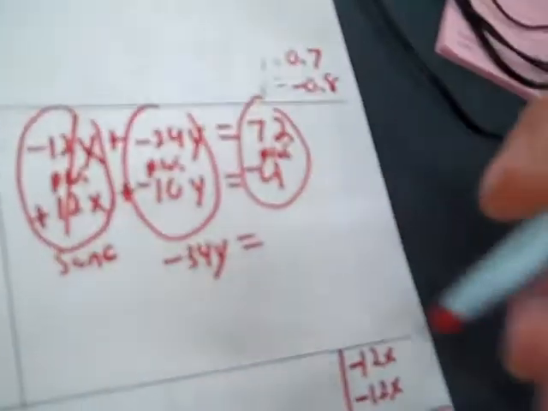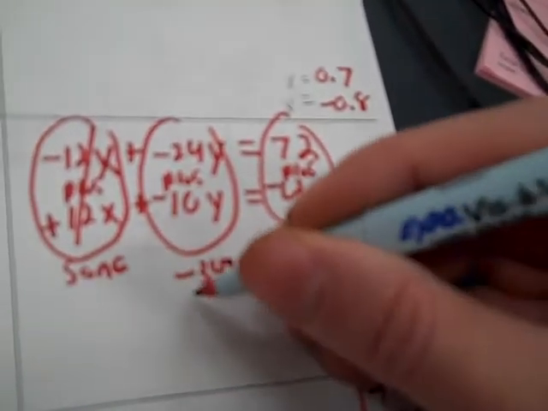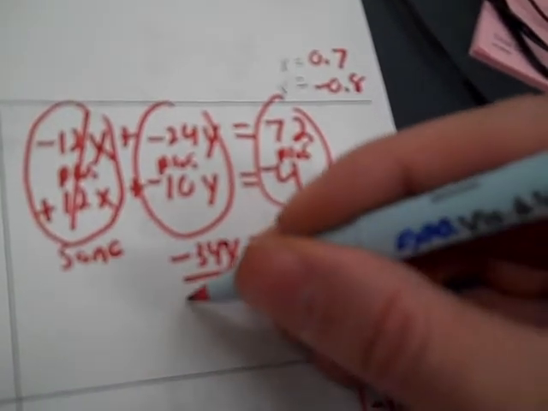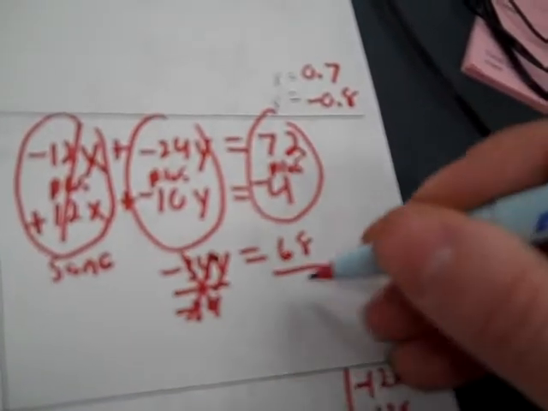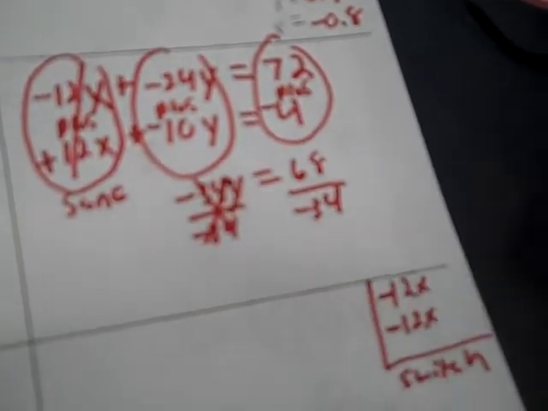And then I take 72 plus negative 4, and that's 68. Okay, so I dot my y, and then I'm going to divide by negative 34. Okay, 68 divided by negative 34 gives me negative 2, and that's y. So negative 2 is my y.